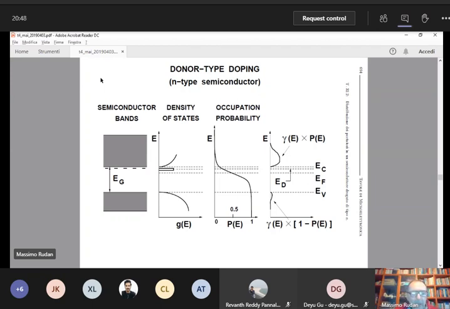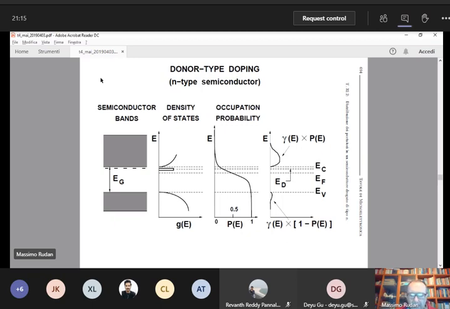Okay. What is the distance of the, let's call them donor levels, okay? If you look at the right part of the figure, you see that the energy level of the donor atoms is indicated with symbol ED.